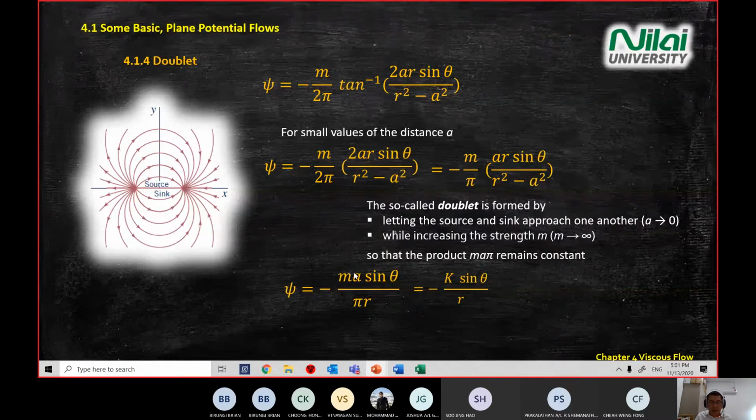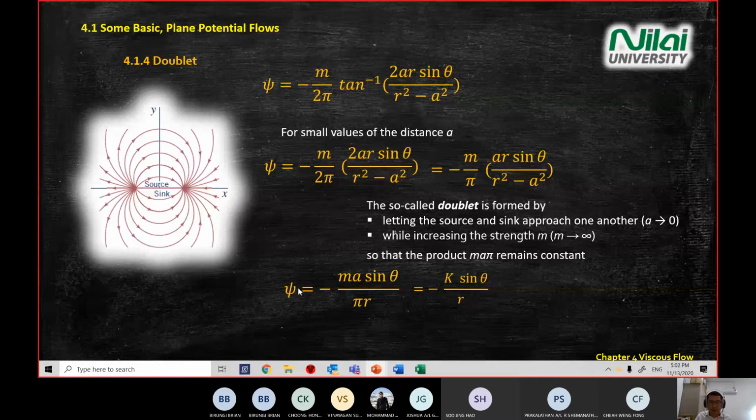Then we know that ma divided by pi is a constant value. m is a constant, a is a constant, pi is a constant. So we combine these into another parameter called K as a constant. Then we only look at the relationship between the stream function, the theta and the r.